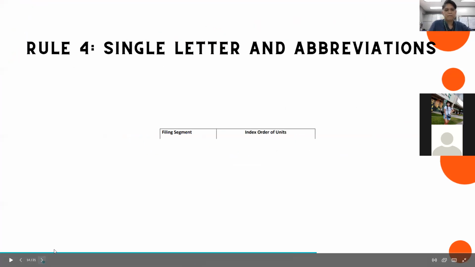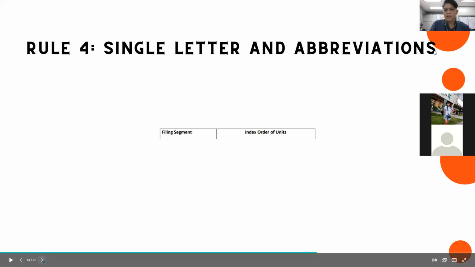Next. Rule 4, single letter abbreviation in business names. Single letters in business names are indexed as written. If single letters are separated by spaces, index each letter as a separate unit. Index acronyms, words formed from the first few letters of several words, such as ARMA, and radio and television station call letters as one word.